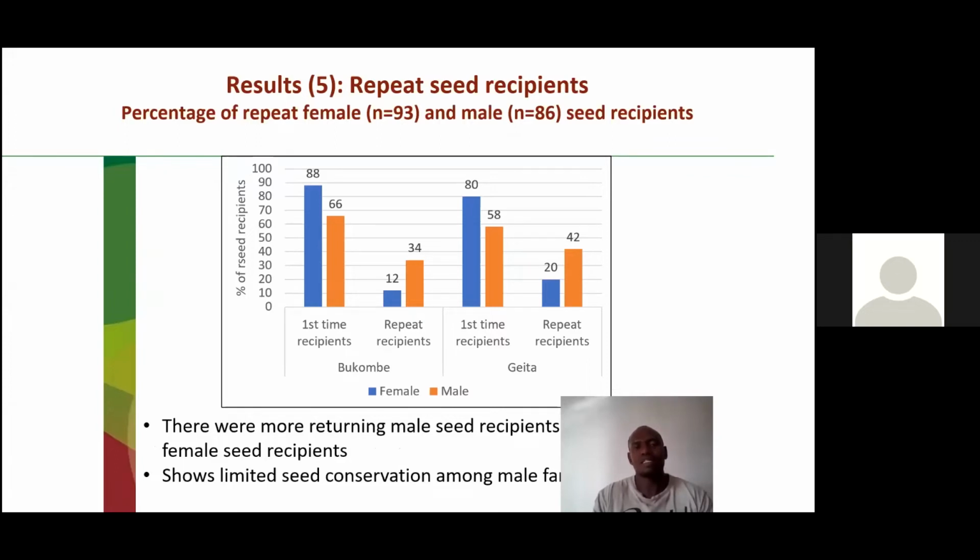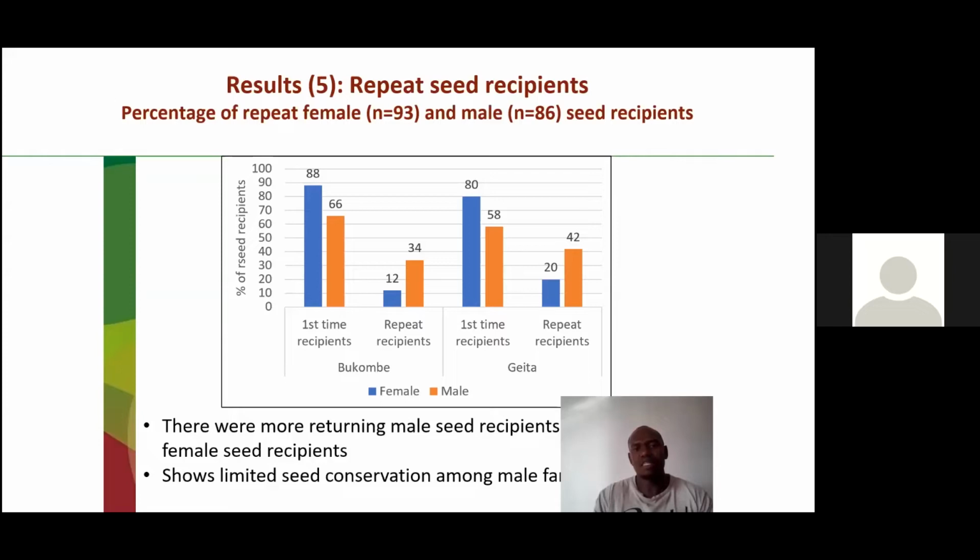And we realized that there were more returning male seed recipients compared to female seed recipients in both districts, because as you can see, in Bukombe district, we have 88% of the female seed recipients being first-time recipients, whereas 12% were repeat. On the other hand, for male, it was 66% first-time recipients and 34% returning recipients.